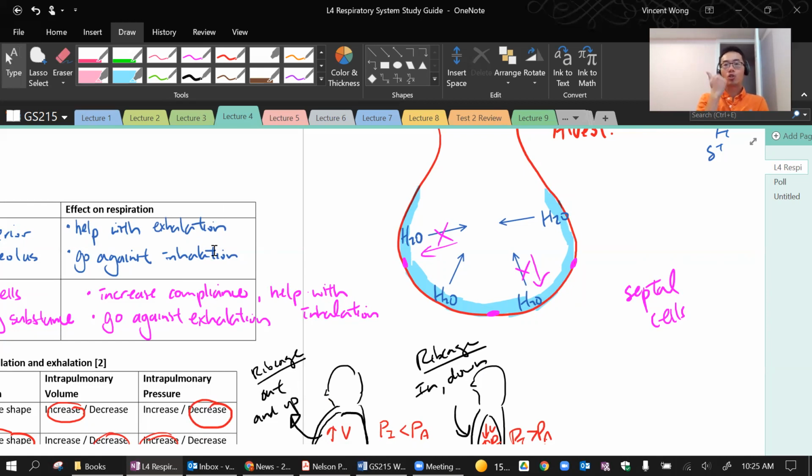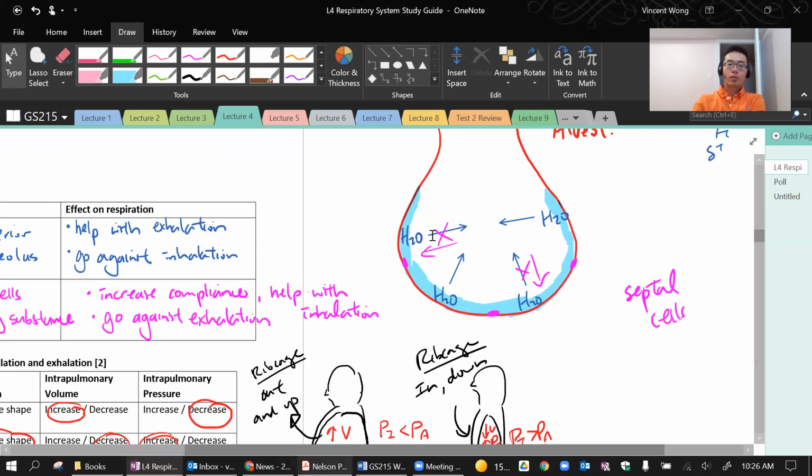That's why you have to inject the steroids into their nose as soon as they come out, and that goes into the lung, and that steroid helps break the surface tension and opens up their alveoli. Another example is what we just talked about in the poll question. Dawn was not able to produce surfactant on their own, and so it's going to be more difficult to breathe in.